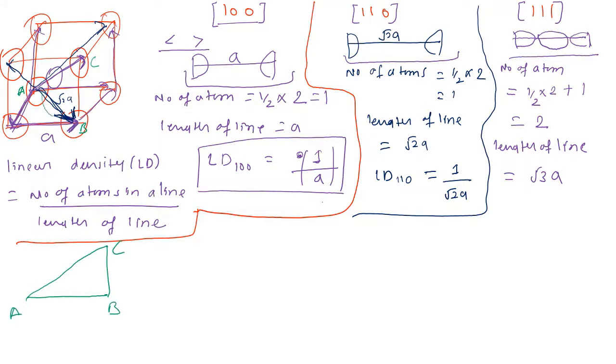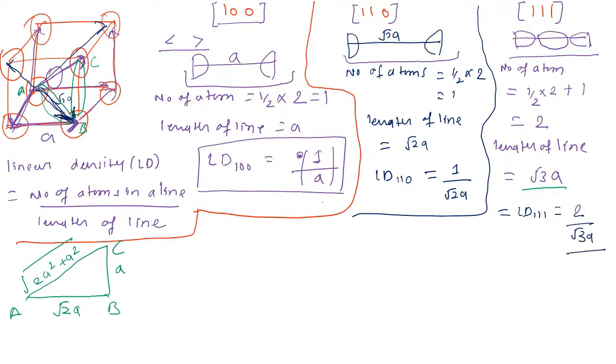This direction has length root 2a, and this one is a, so it will be root of 2a square plus a square, that is 3, so root 3a. So the linear density for the 111 direction will be 2 divided by root 3a.